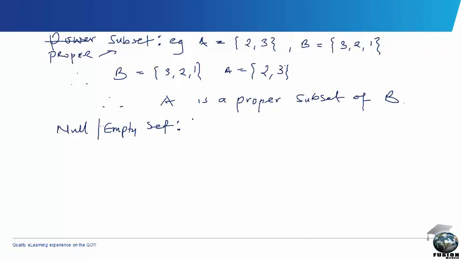Null sets are denoted with curly brackets but showing no elements inside it, not even 0. You need to note that an empty set is a subset of every set.